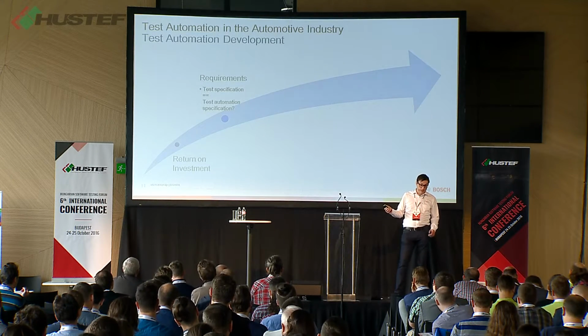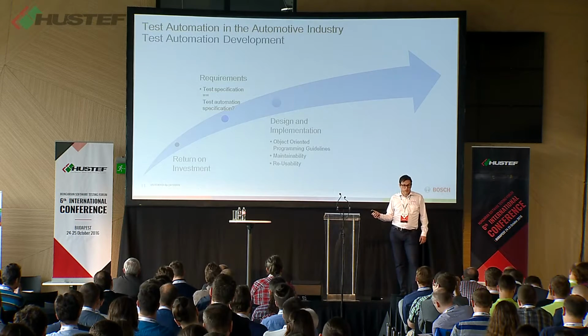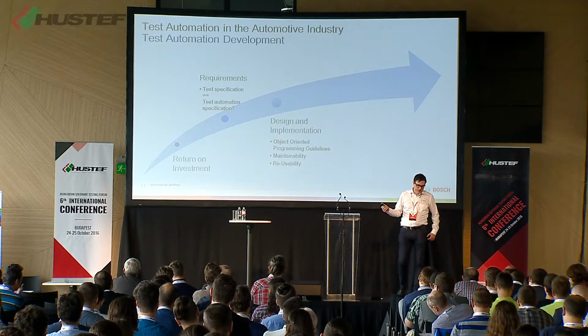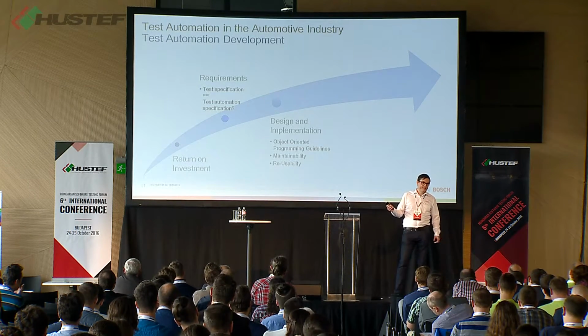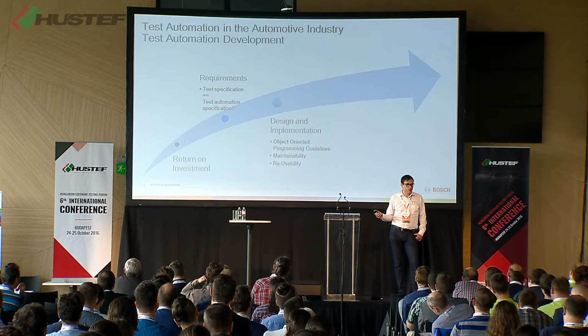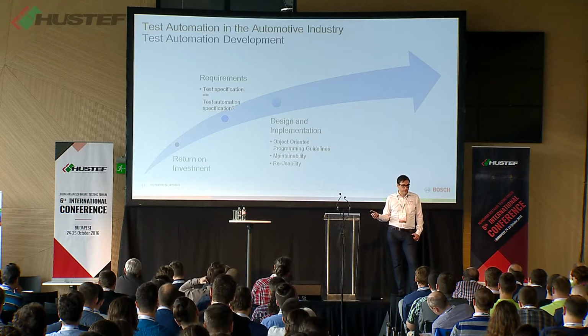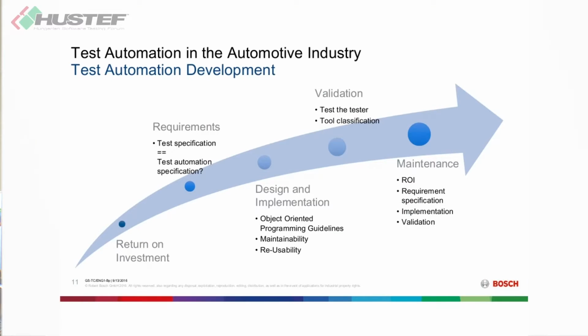Then here comes the difference. No, too soon. There was another specific criterion which we added to have a design which focuses on object orientation and those guidelines. And then the difference would be the validation.